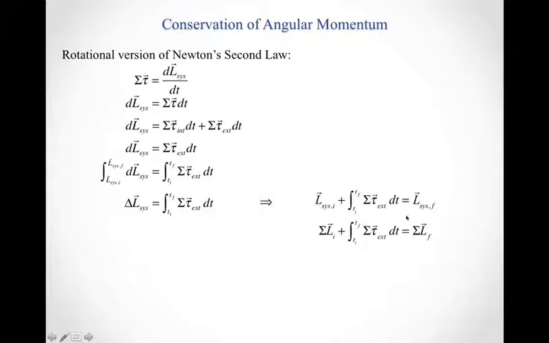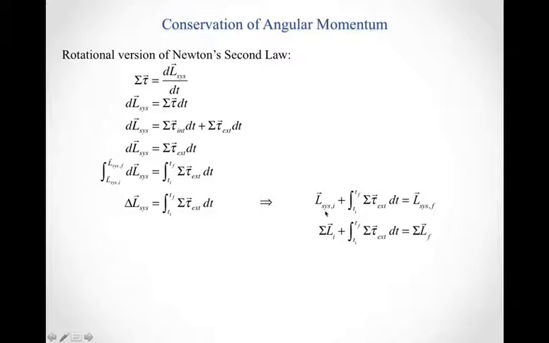I get this expression, and then again we're just going to notationally change from writing this as the angular momentum of the system to putting that sigma sign in there, which again is just emphasizing that you add up all the initial angular momentum vectors for your system, and add up all the final angular momentum vectors for your system.